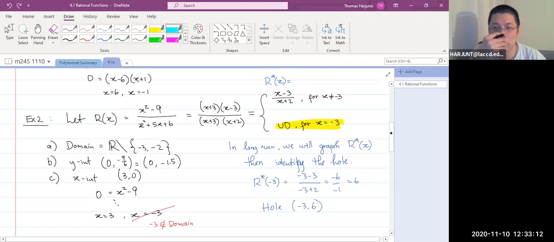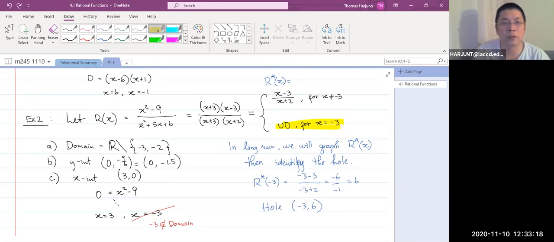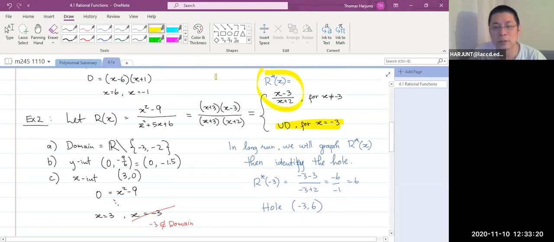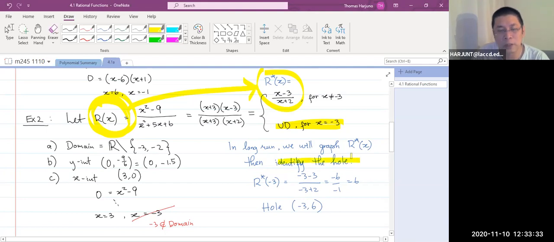In the long run, when we graph r star x, we graph r star x first. We graph this function first, and then we identify the hole. So to graph this rational function later on, we will graph the simplified version first, and then identify the hole. That's how we will do it.